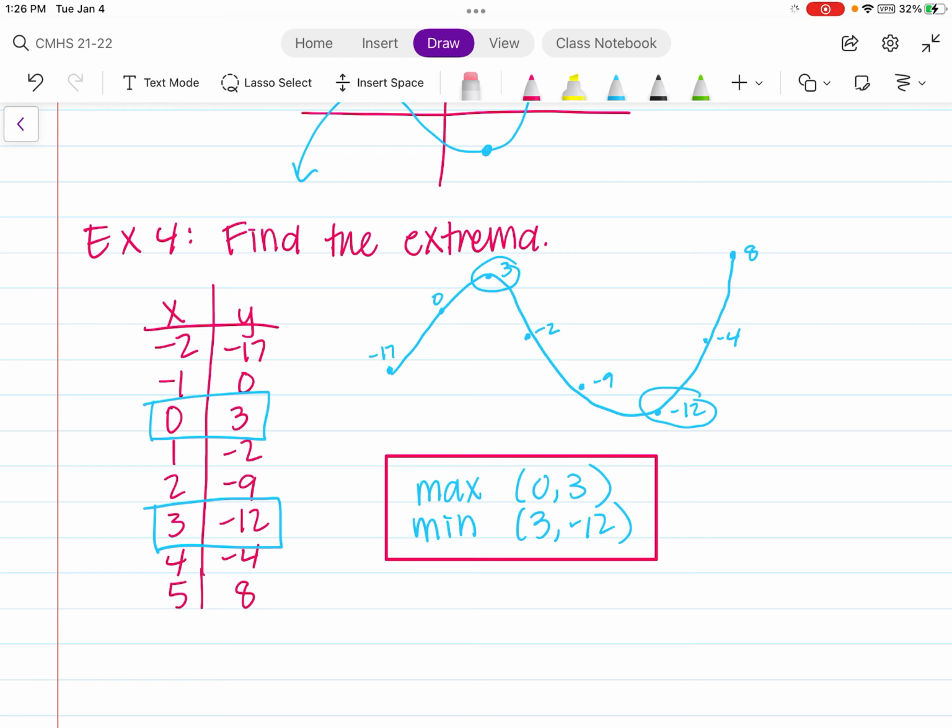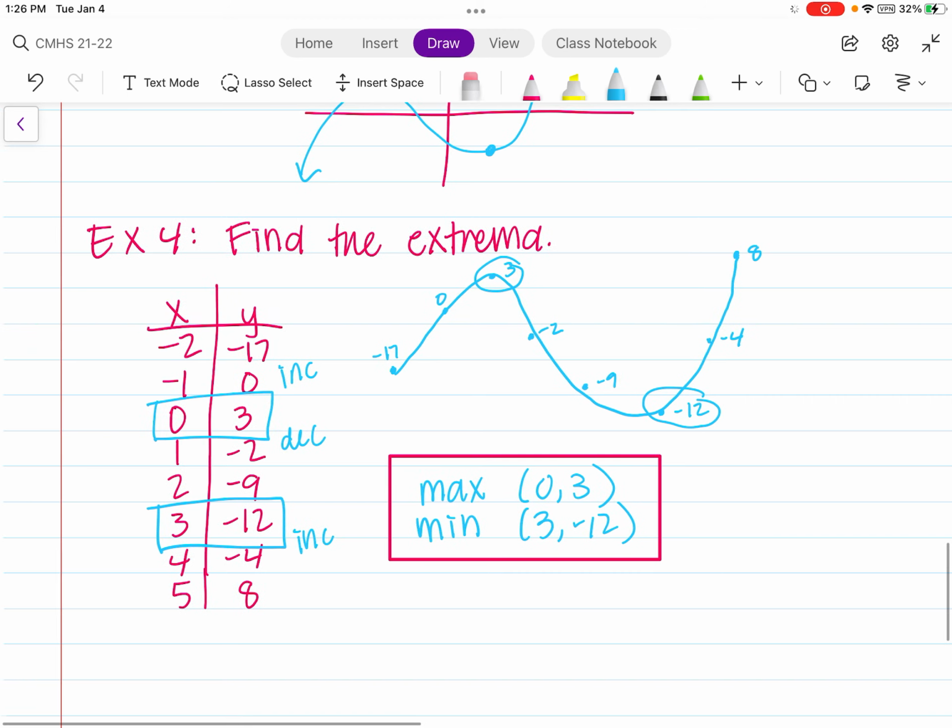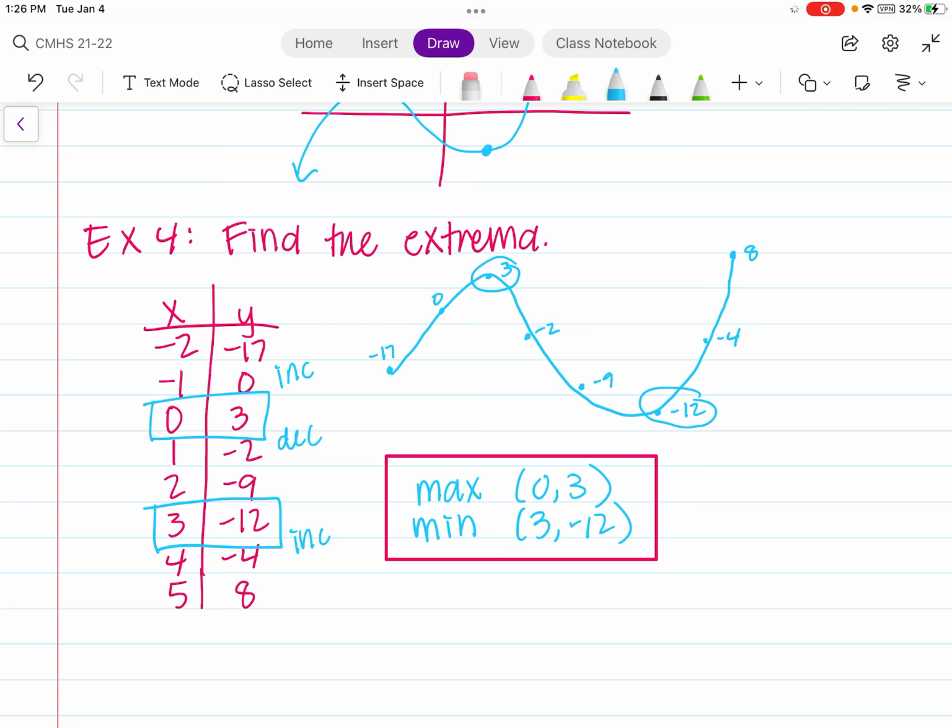If it makes sense to you, the actual rule is look and see where it's increasing, and then it starts to decrease. So here, obviously, it's increasing. And then from 3 to negative 2, it drops. And then from negative 12 to 4, it starts increasing again. So it just is up to you. I personally can't think that way. I have to draw it out for myself. But it's up to you.